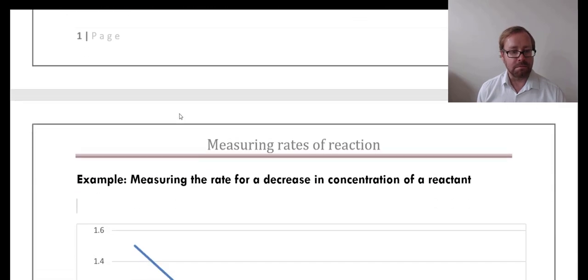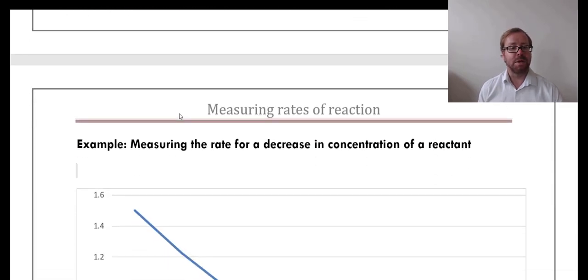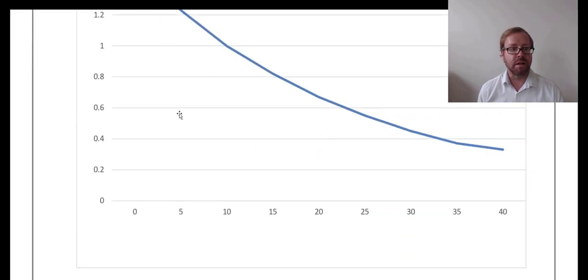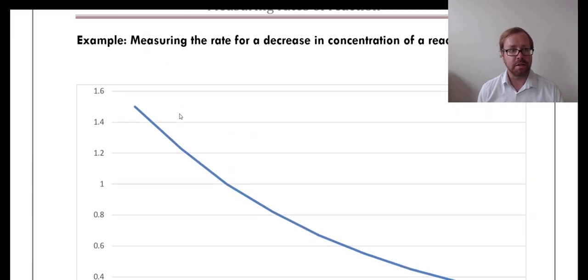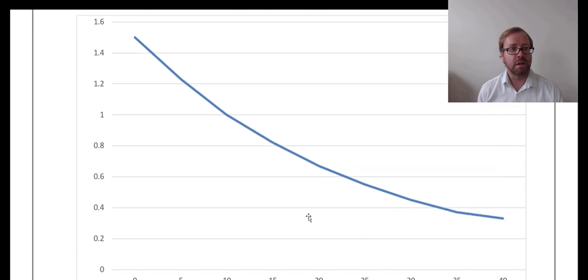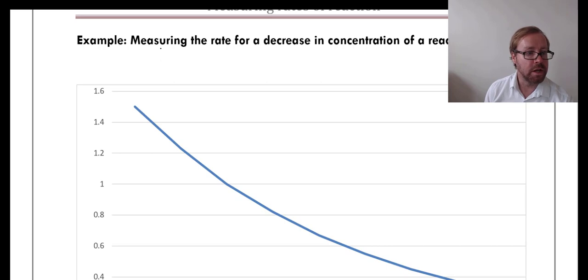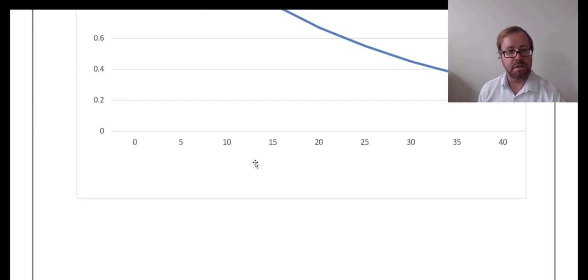So, moving on. An example measuring the rate for a decrease in concentration of a reactant. Right, so you have this graph here. And we're just going to write on what it's actually showing. On this axis, we have the concentration. On this axis, we have the time.